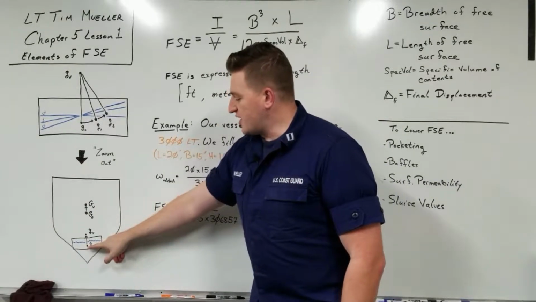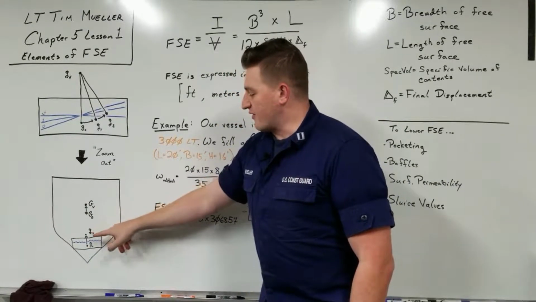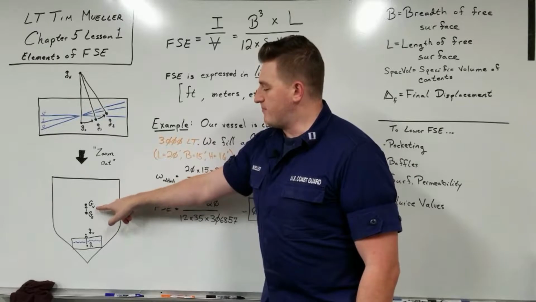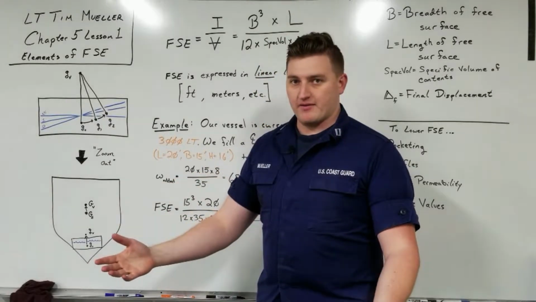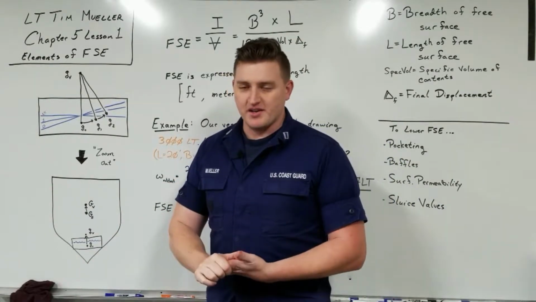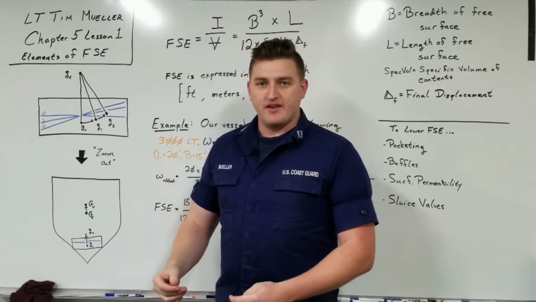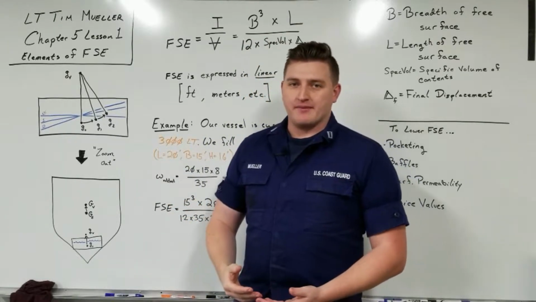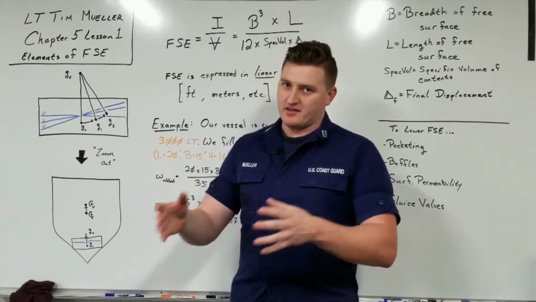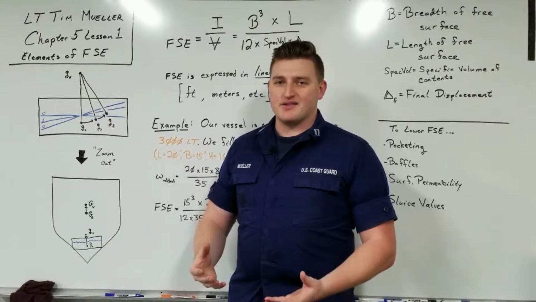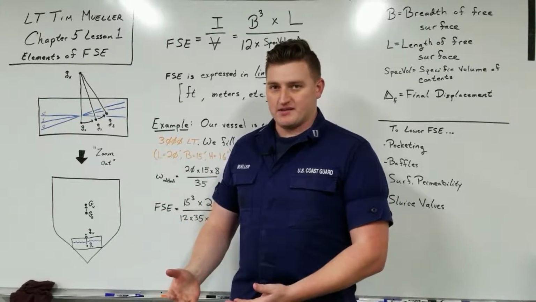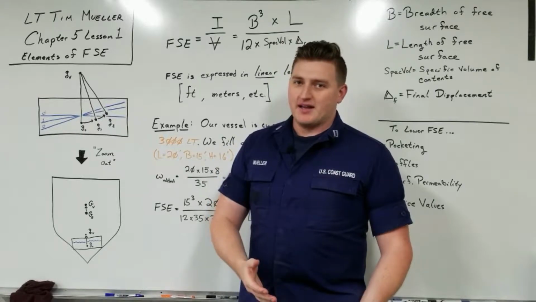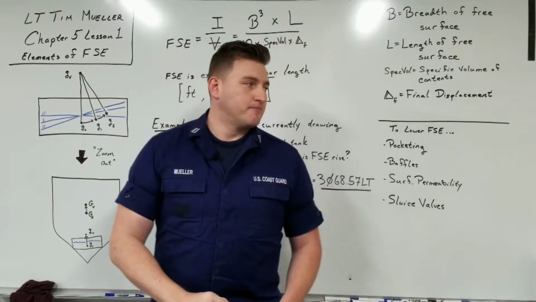We know that little g goes to this virtual center of gravity, but now what happens to the big G, the overall center of gravity of the ship? Now, like I mentioned, I'm going to derive that in the next video. Right now is not the appropriate time to do it because there's some calculus in it and some other things, and it's not necessary for completion of DCA school or actually applying this method in the fleet.